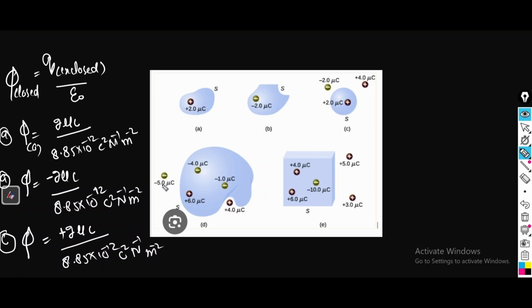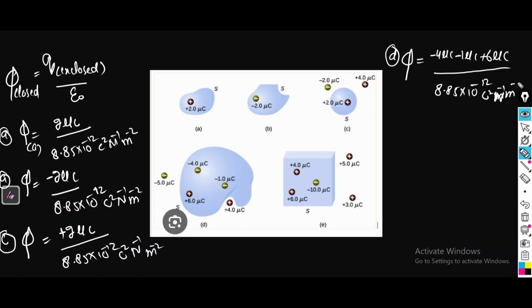Now this is case D. In case D, the flux according to the Gauss law is equal to the charge enclosed by the surface. In this case, the charge enclosed is minus 4 microcoulomb, minus 1 microcoulomb, plus 6 microcoulomb, divided by the permittivity of free space, which is 8.85 multiplied by 10 raised to the power minus 12 coulomb squared per newton per meter squared.